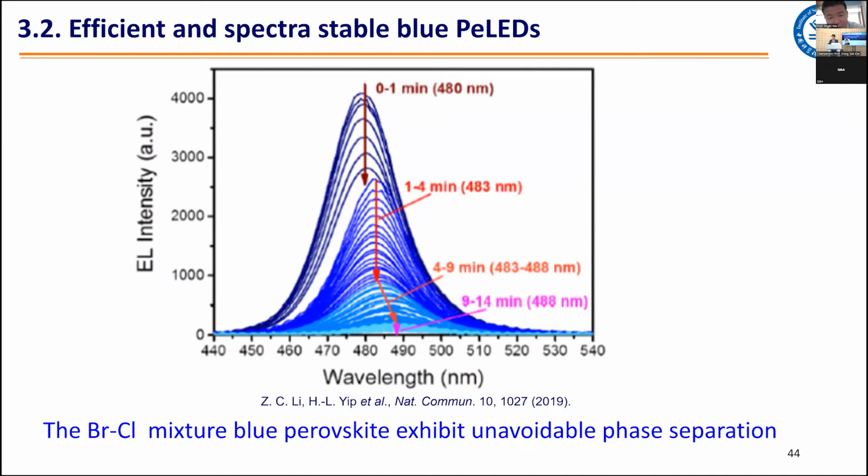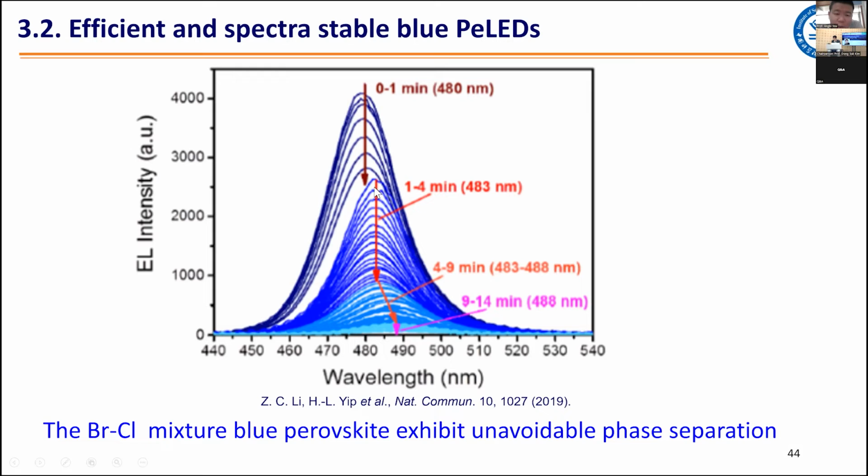Because bromide emission is in the green, and chloride is maybe deep blue or some ultraviolet. So we mix these materials, the bromide and chloride together, to show the blue emissions.